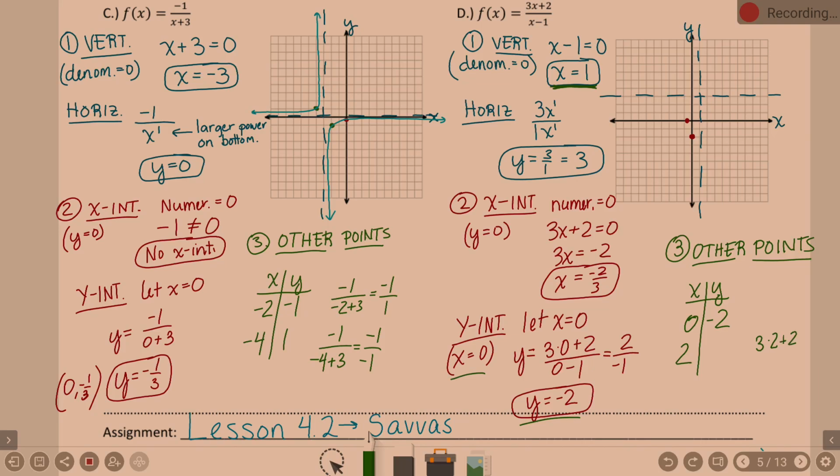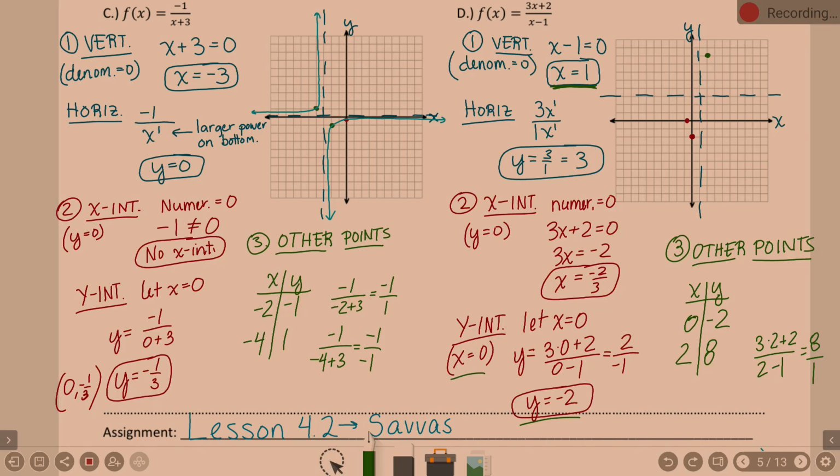3 times 2 plus 2 over 2 minus 1. 3 times 2 is 6. Plus 2 is 8. 2 minus 1 is 1. 8 divided by 1 is 8. Is this where you expected it to go? If I go right 2 and up 8.